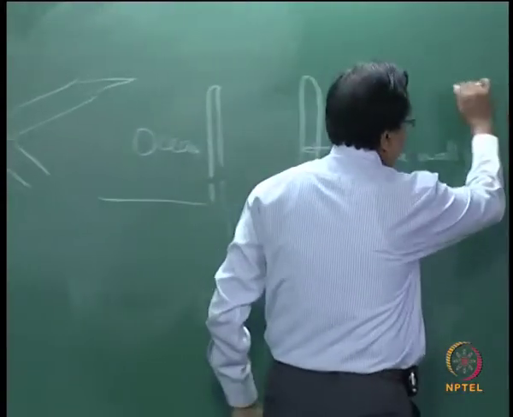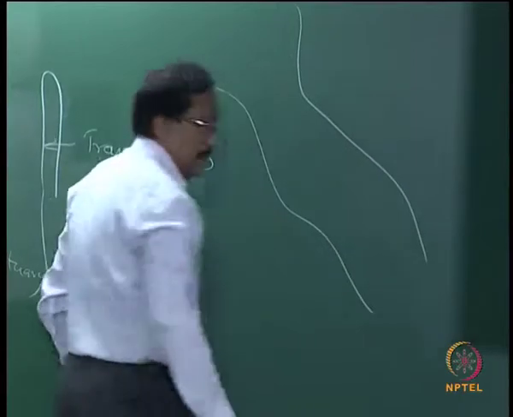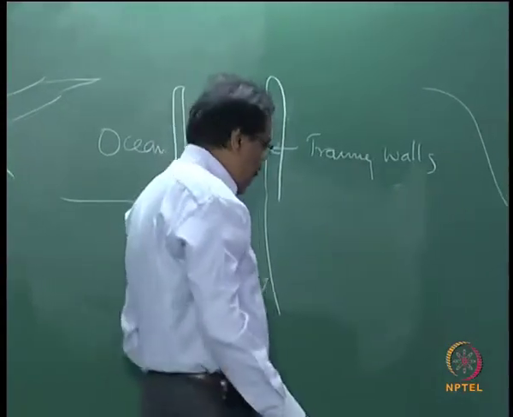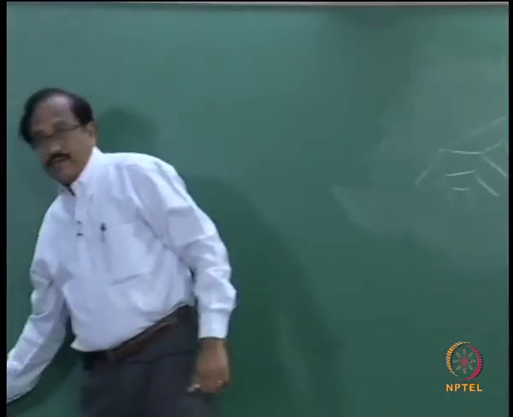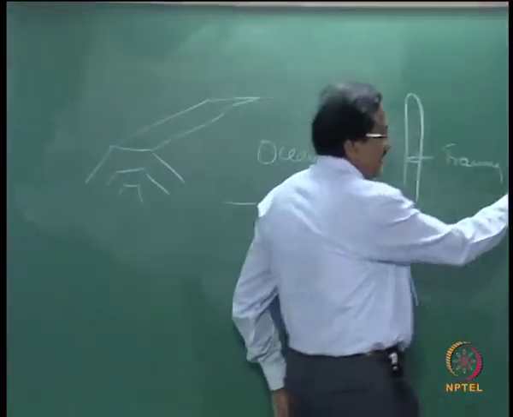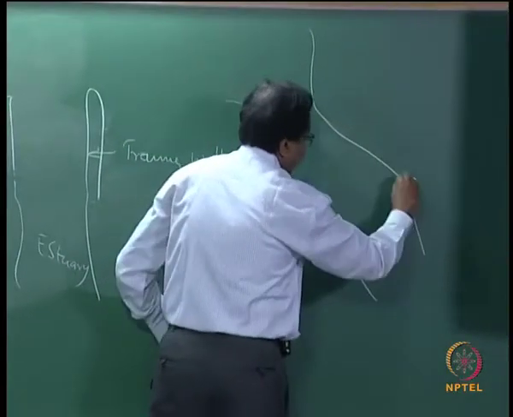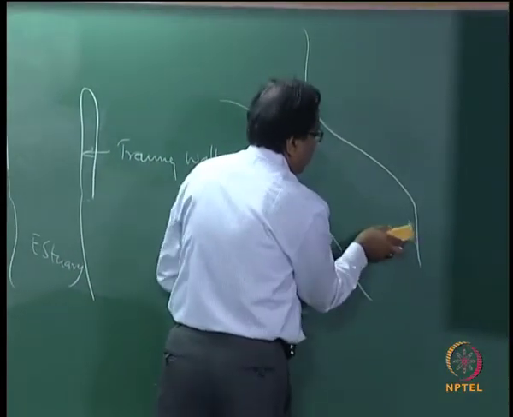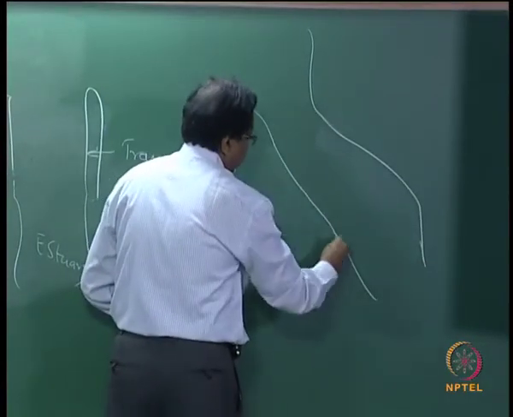For example, if there is a river and you assume that there is a very thickly populated area along the banks, maybe this area is getting eroded, this is not much of a problem.